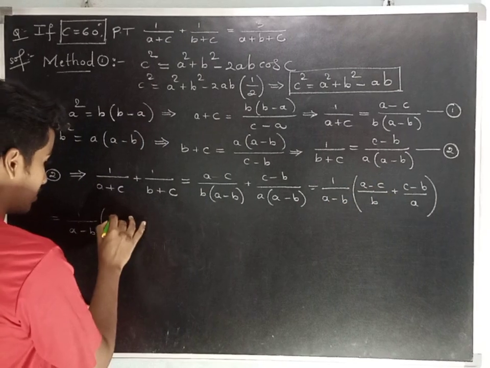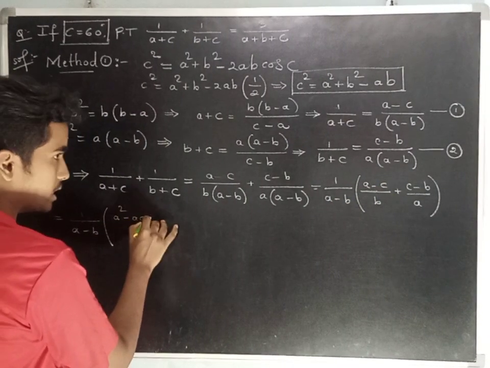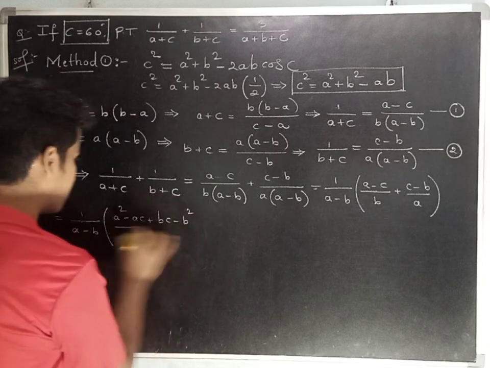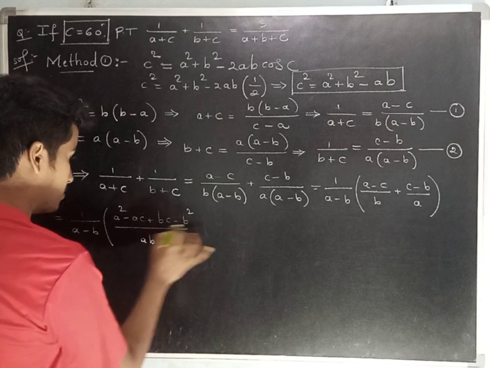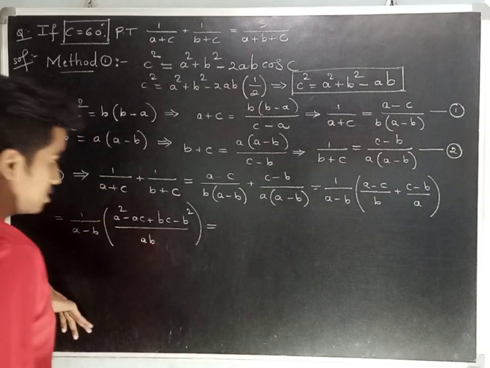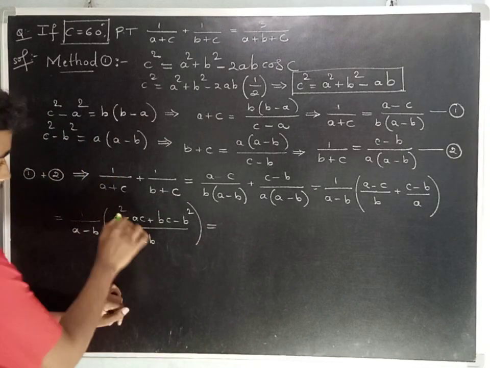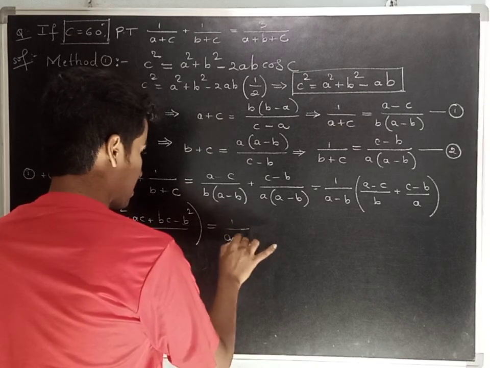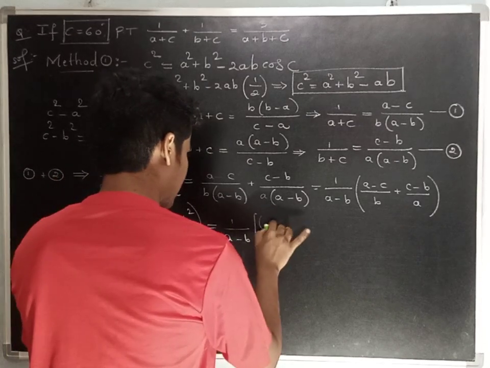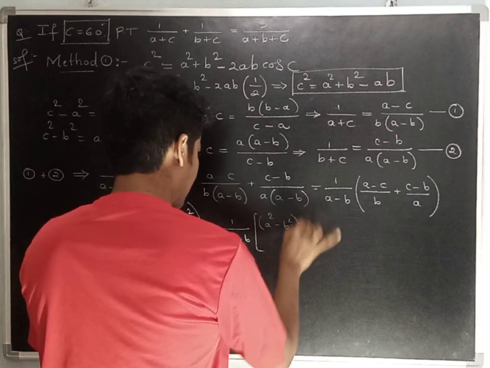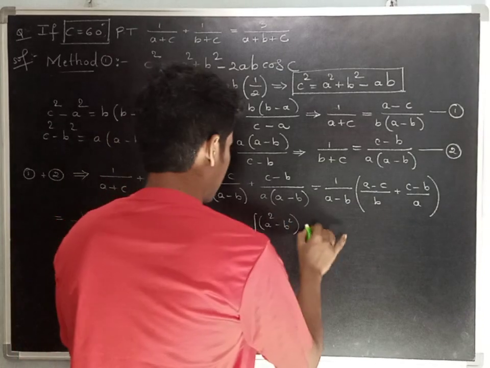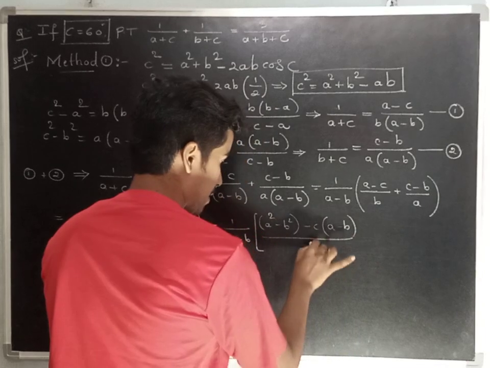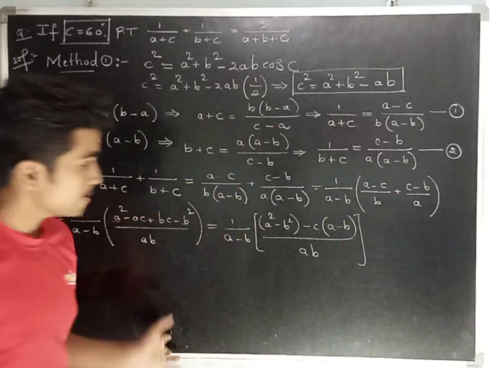Now, in the next step, taking LCM, I am going to get 1 by A minus B into A square minus AC plus BC minus B square by AB. Here, let me take A square minus B square minus C into A minus B by AB.